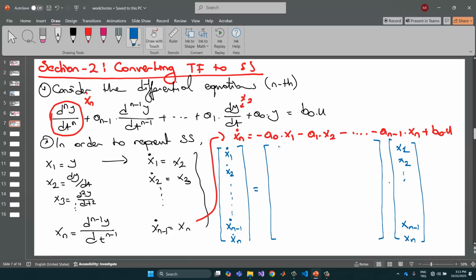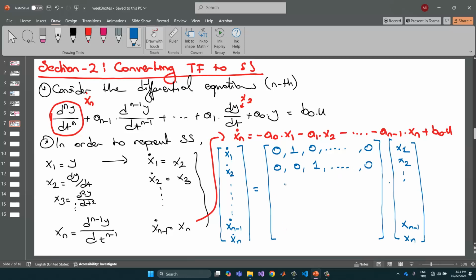Yes. How can we write this equation? x1 dot is equal to what? x2. And so the first term is 0, the second is 1, and the rest of them are 0, right? What about the x2 dot? x2 dot is equal to what? Yes, x1 is 0, x2 is 0, and it goes on like this.